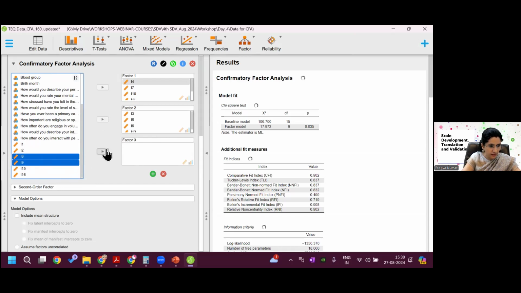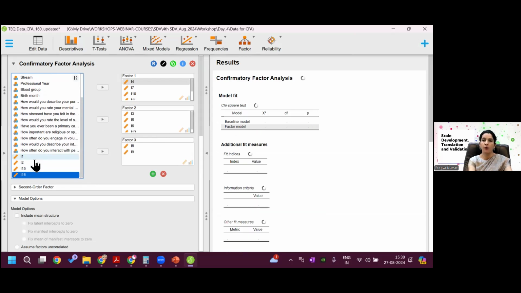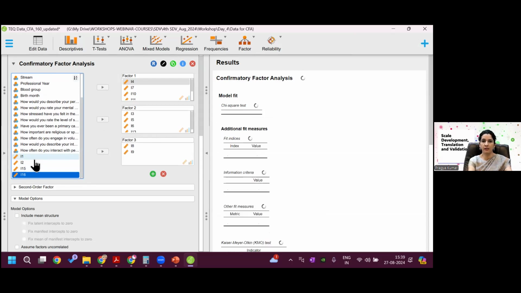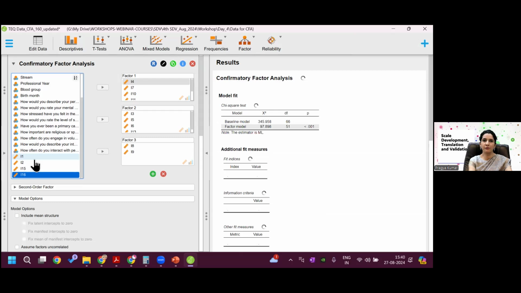I will not enter items 1, 2, 15, and 16, because these items did not get loaded on any of the factors. So I have left these 4 items, and I will propose my model only with these.